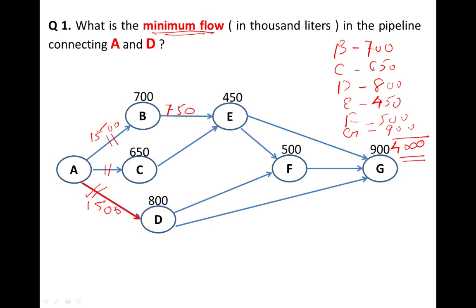That means the inflow to B must be 750 plus 700, that is 1450. Anything extra cannot flow out of B, and B cannot consume more than 700. Therefore, the maximum inflow to B should be 1450. So this 1500 is not possible for A to B.